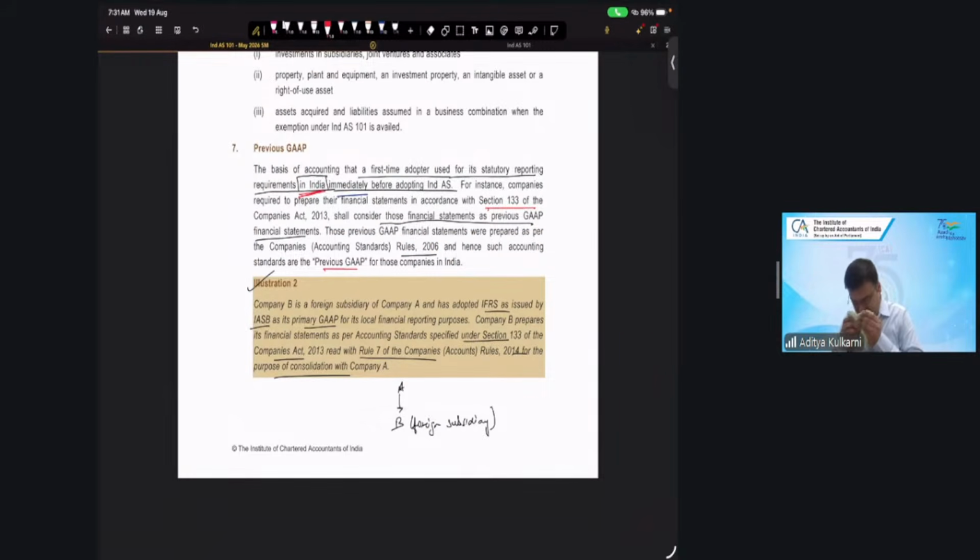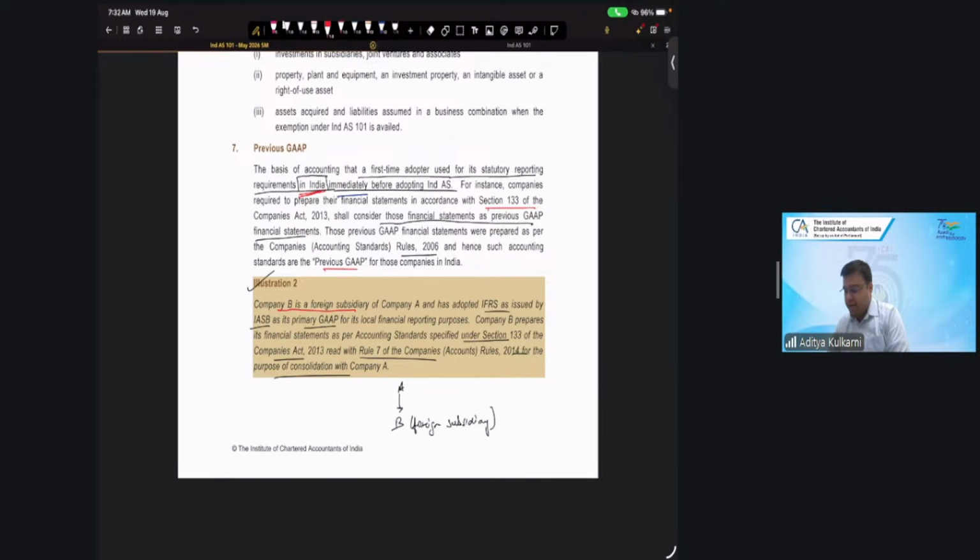Illustration 2. Company B is a foreign subsidiary of Company A and has adopted IFRS as issued by IASB as its primary GAAP for its local financial reporting purposes. So, Company B is a foreign subsidiary having adopted IFRS for its local reporting.